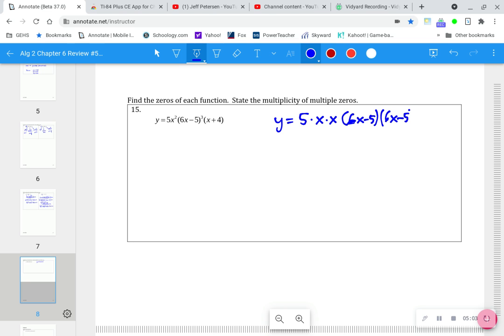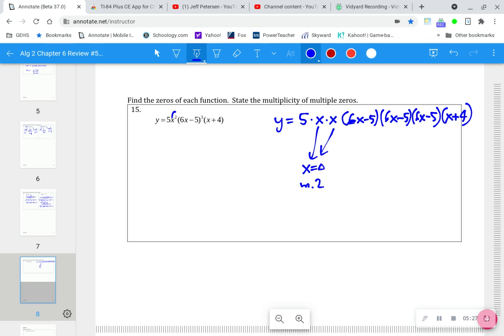I got 3 of those 6x minus 5s. And finally, an x plus 4. Okay, if I set this equal to 0, I'll get x equals 0. The same argument goes here. That's a multiplicity of 2 when it happens twice.